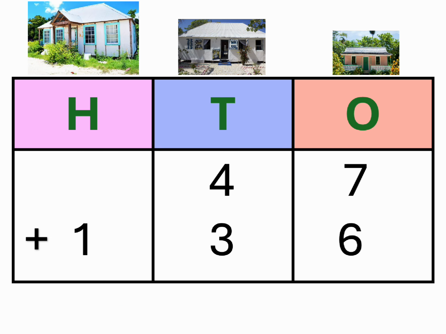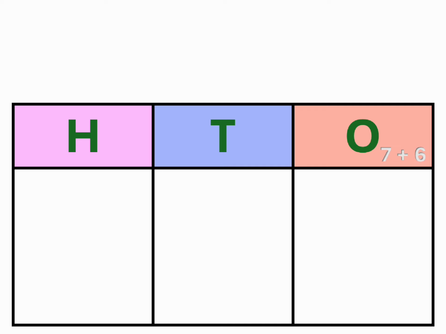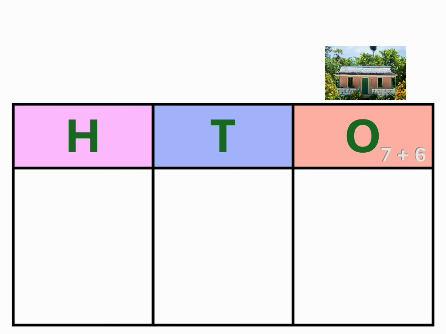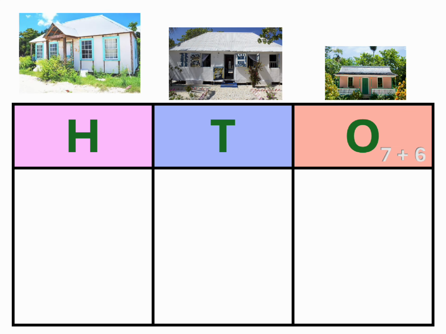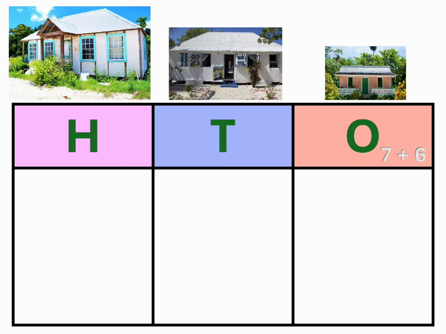And we have to set it out, never forgetting our operation sign. We are using the plus sign because we are adding. Remember, we have the ones house, the tens house, and the hundreds house.